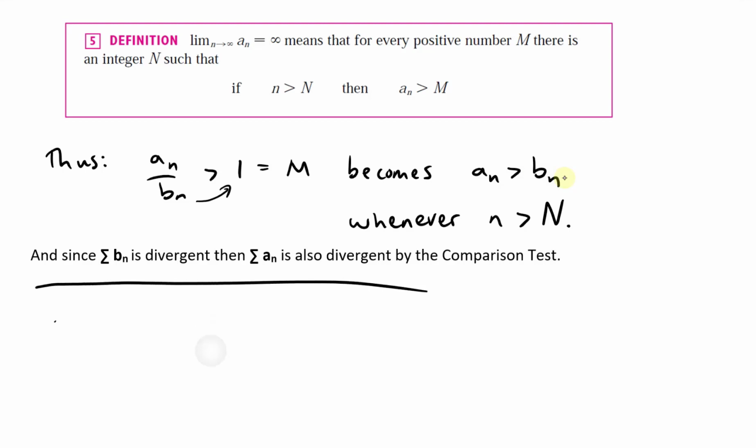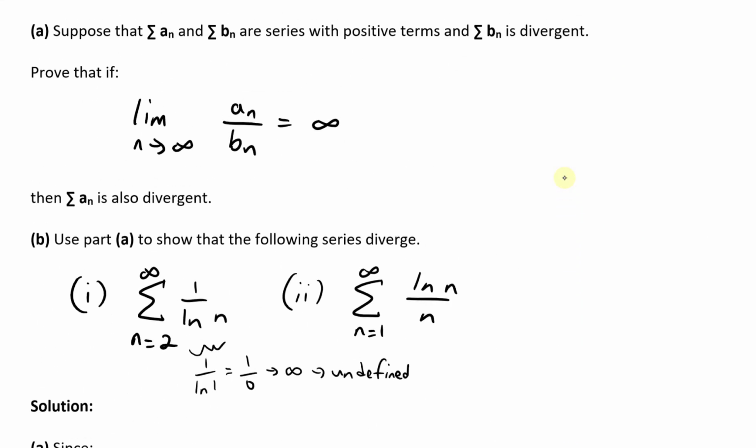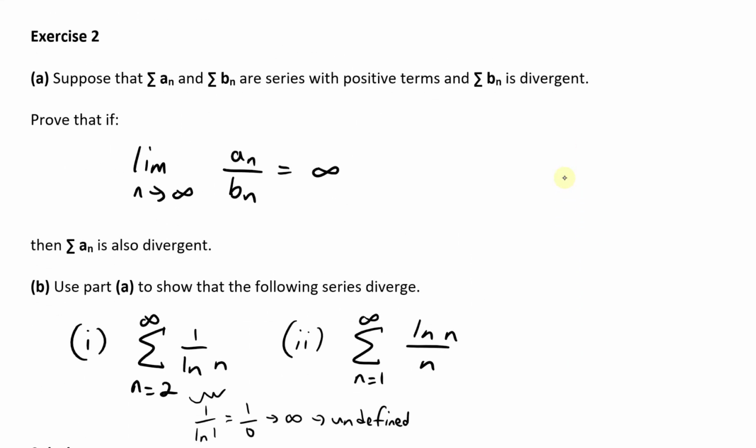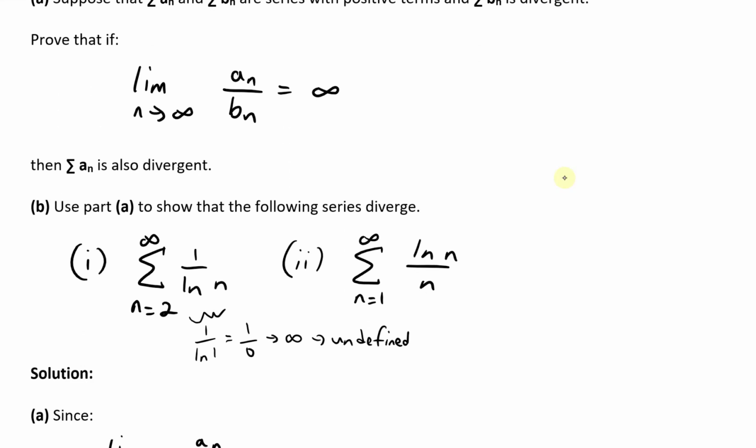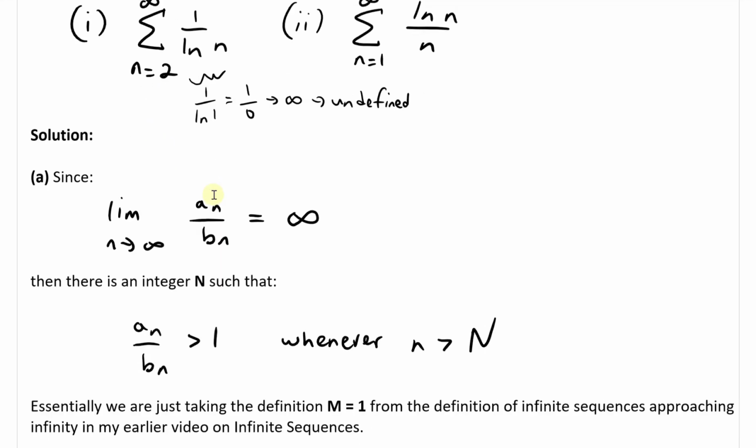So now let's look at part B and subpart I. We're going to use this proof and this theorem, part A, to show that the following series diverges, which is the first one, I, the summation from n equals 2, because remember this is undefined otherwise, to infinity of 1 over ln n.